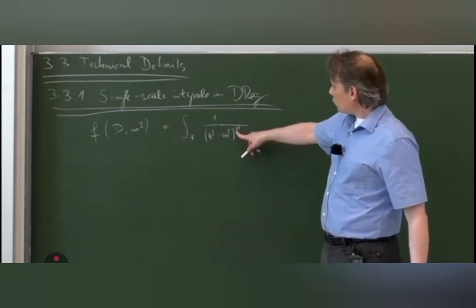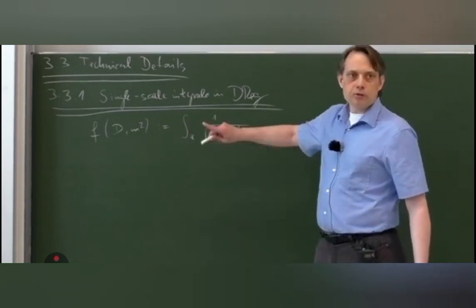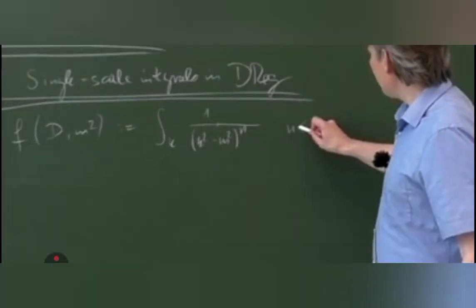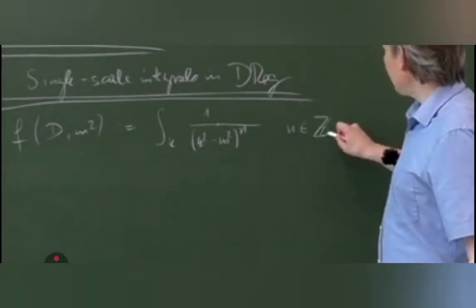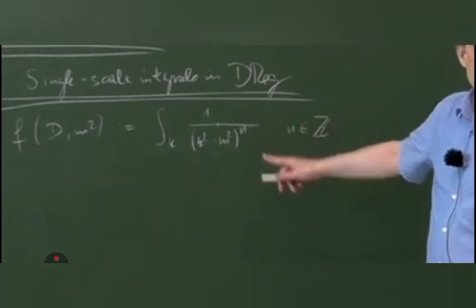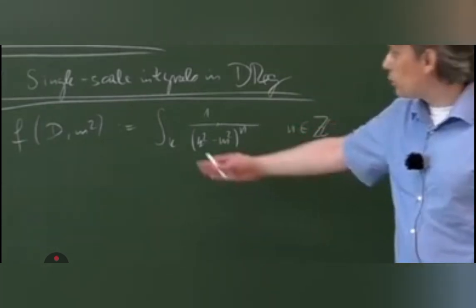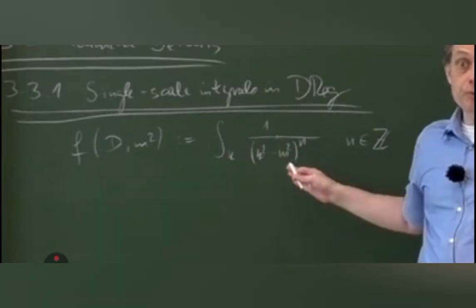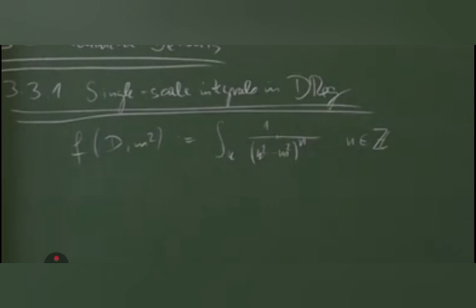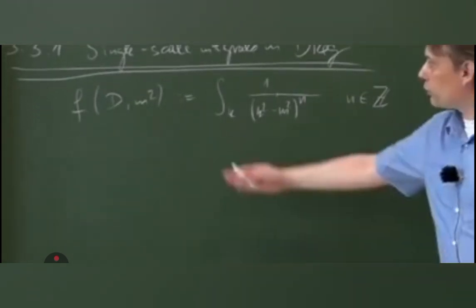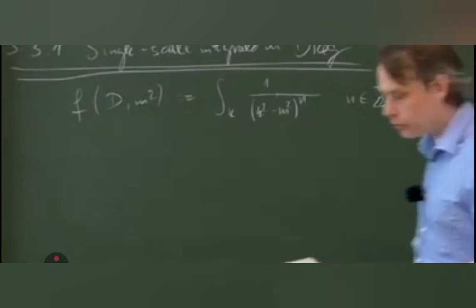And there is actually a third variable n, but let us keep that fixed for the moment. For simplicity, we take n to be an integer. Actually, one could generalize and take n as any complex number as well, and then we would have a function of three complex variables defined in this way. But let's ignore the n dependence for now. So we have a function of two complex variables, d and m square, defined by that.